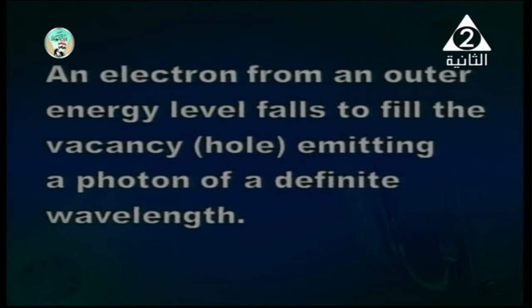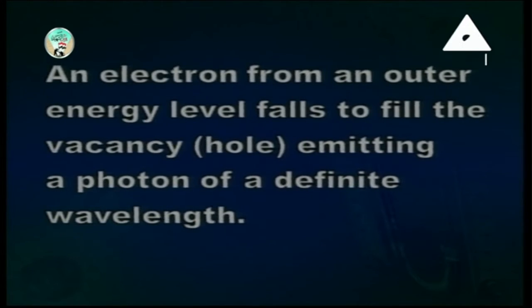So the next step, an electron from an outer energy level relaxes, falls to fill the vacancy, the hole, emitting a photon of a definite wavelength. That's why it is characteristic to the material of the target.